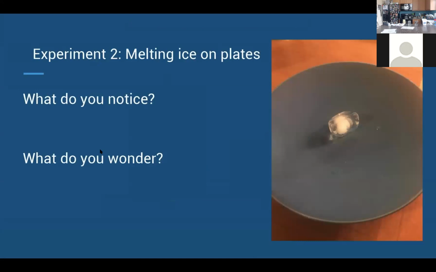If you remember, our plates are like the glaciers on the land. And we have our dark plate and we have our light plate and we have our glaciers on our plates. Now, take a second. We heard one observation already that someone saw that their white plate was maybe melting faster than the blue plate, or the ice on the plate was melting faster. Has anyone else noticed anything?